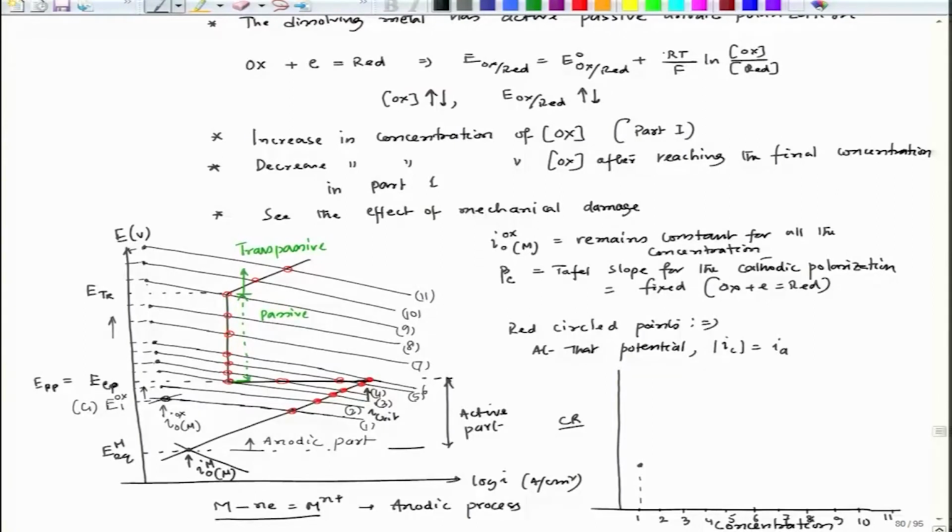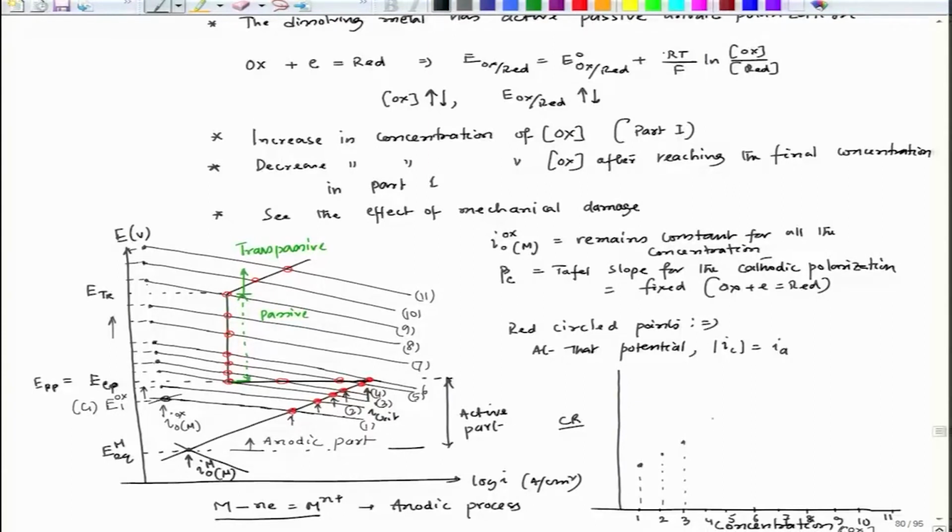When the concentration has changed from C1 to C2, the corrosion rate has gone to this; like that the corrosion rate is increasing. So, 2, let us say this is the point, 3, this is the point. This 1, 2, 3, 4, 5, 6 are all concentrations of oxidant.